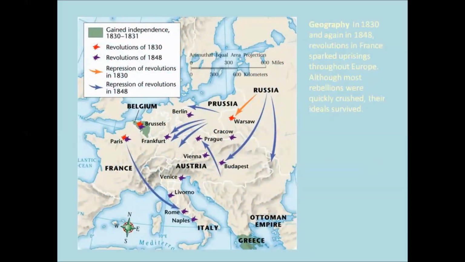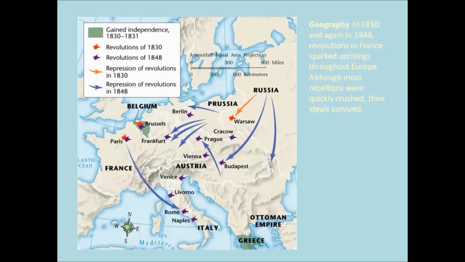So just a quick map shows you the 1830 revolutions in red, so you can see where those were, and then the 1848 revolutions in purple. You can see them throughout, and there's a whole bunch of them going on in Italy as well. You can also see that Greece had their revolution, which I mentioned in the Romanticism video.